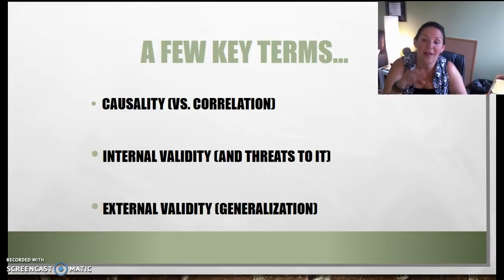Internal validity and the threats to internal validity are covered in 6 or 7 pages in your chapter. So make sure you really understand the concept of internal validity, which again, like validity, is about does this study actually measure what we say that it's going to measure, and those threats to internal validity. So pay attention to that section in your chapter.